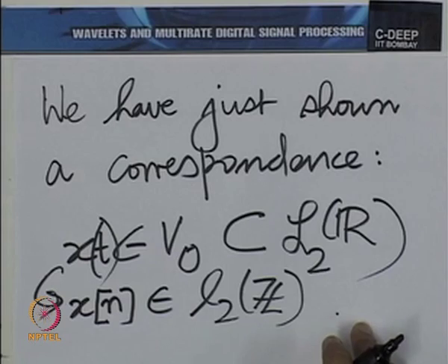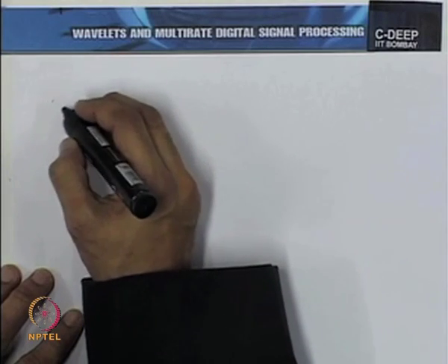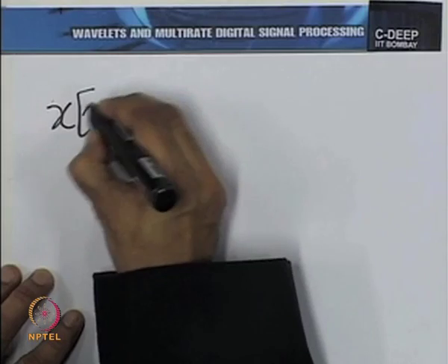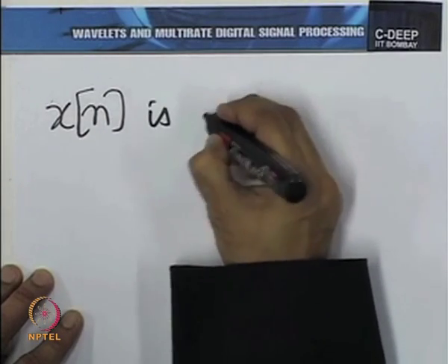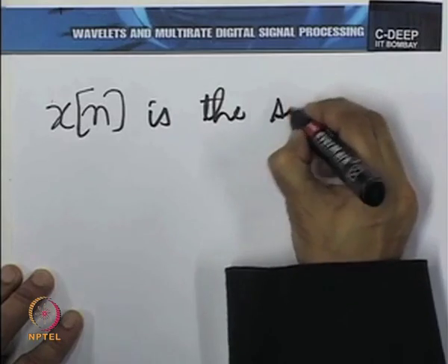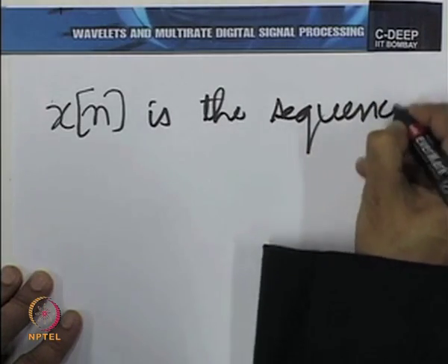Of course, we can make a similar inference for other values of p, but that is not of consequence at the moment. So, we shall not go into it. What is important is when we talk about inner products. Now, if you have an orthonormal basis, so here for example, we have an orthonormal basis. You see, so x of n is a set of coefficients, is a sequence of coefficients of expansion.